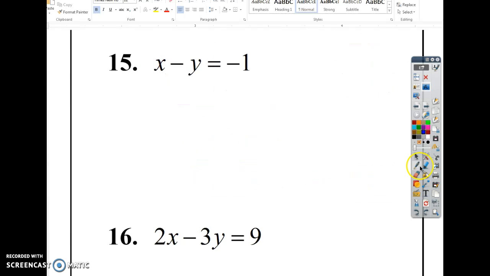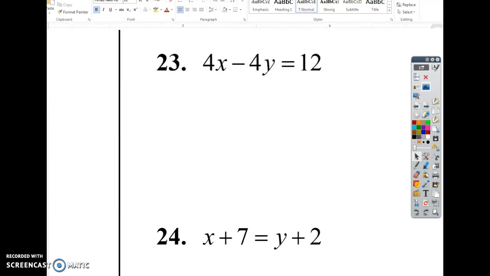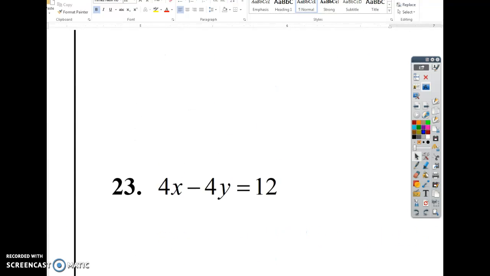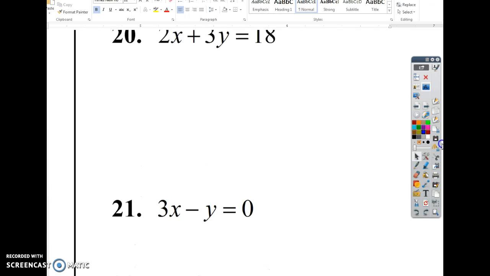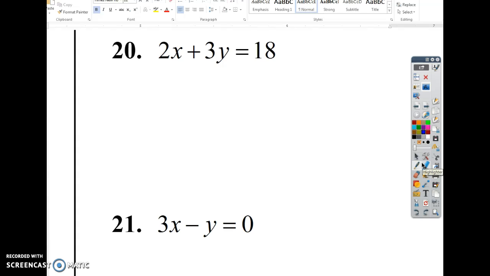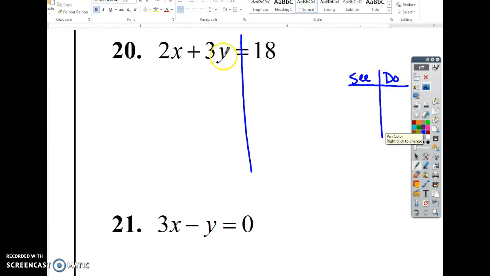Problem number 20. Again, we're solving for y. So when you do the table, you need to be asking yourself what is happening to the y.